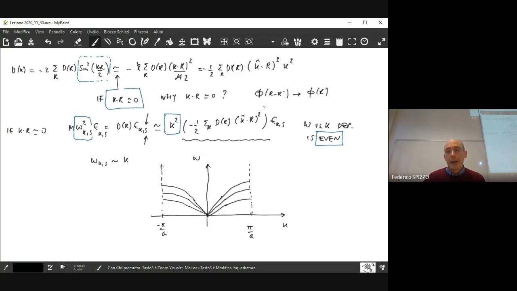So R is the vector that joins the two ions that are interacting with each other. As we saw when we considered the contribution of the electrons to the dielectric constant, the rearrangement of the electrons in the system is able to screen the effect of the interaction potential over a short distance.